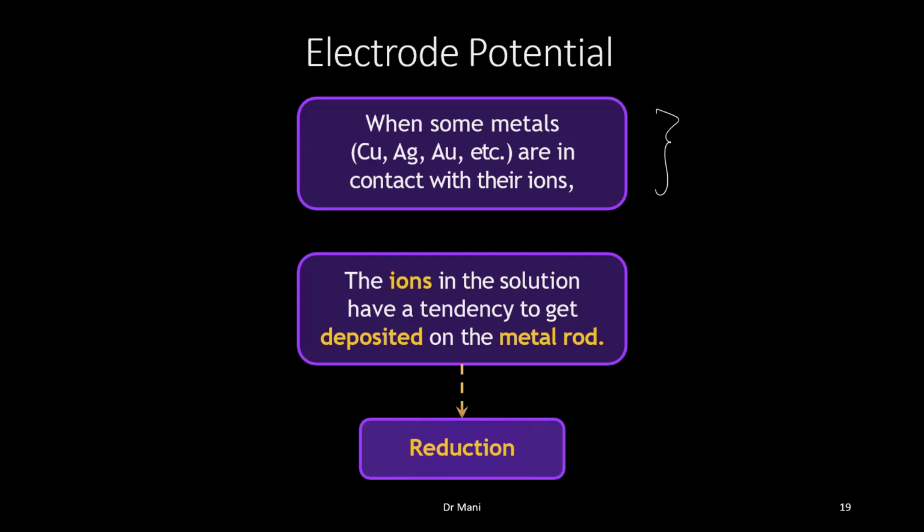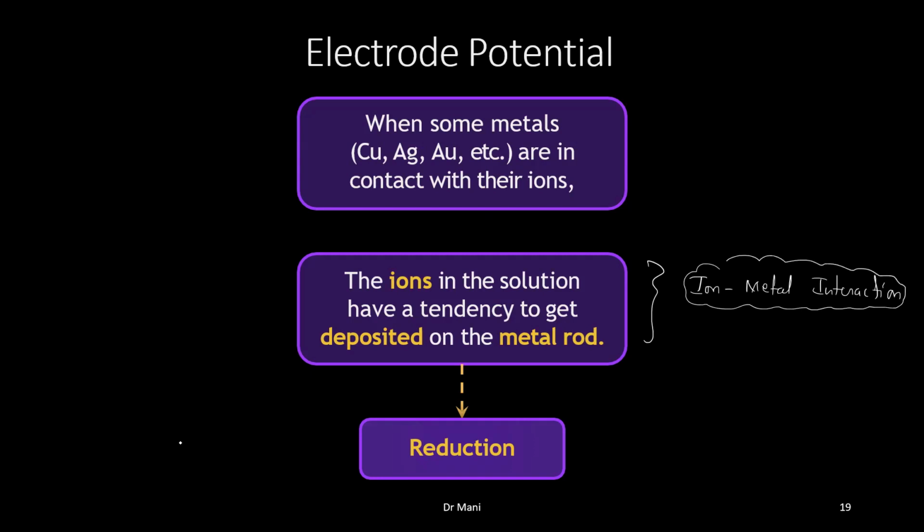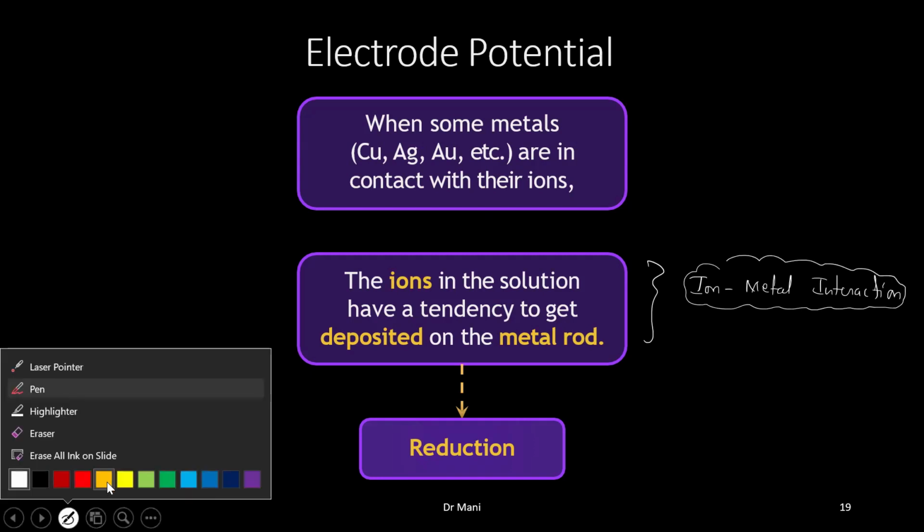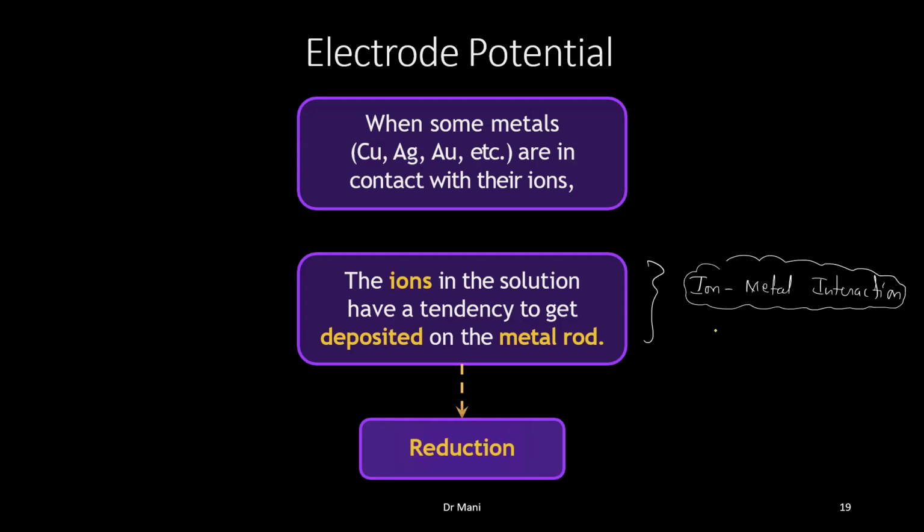Understood this? This is what we call ion-metal interaction. What does that mean? The metal ions which are present in the solution exhibit a natural tendency to deposit those electrons onto the surface of the metal rod.